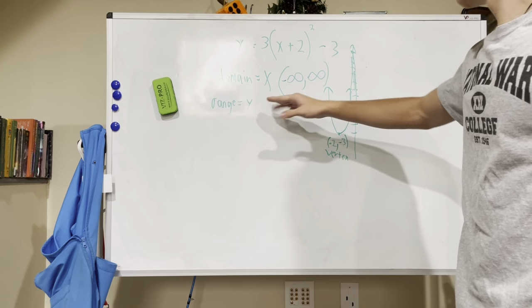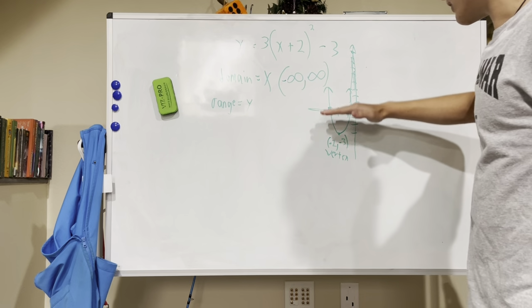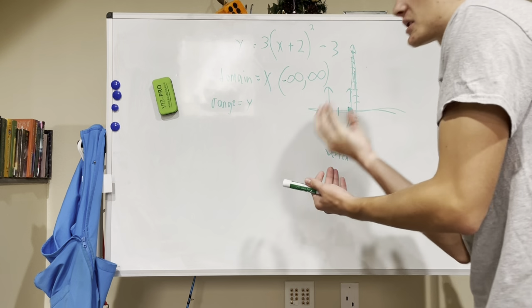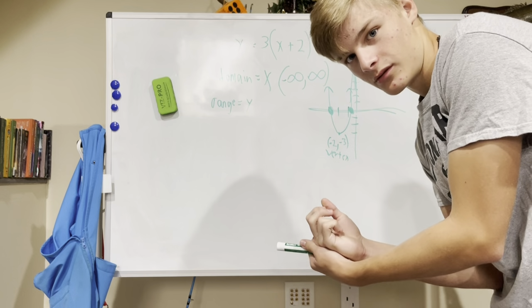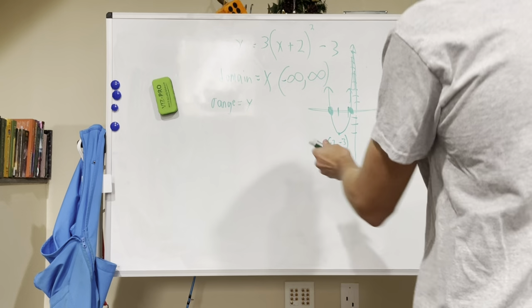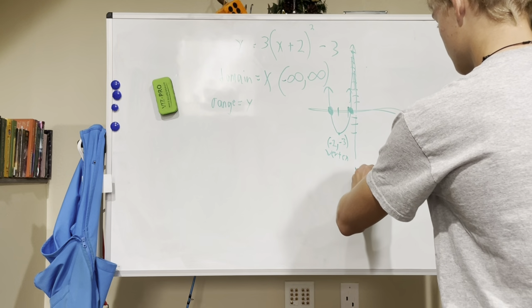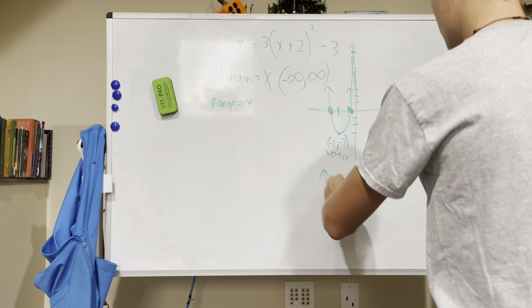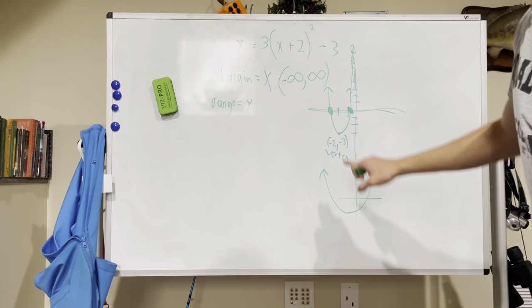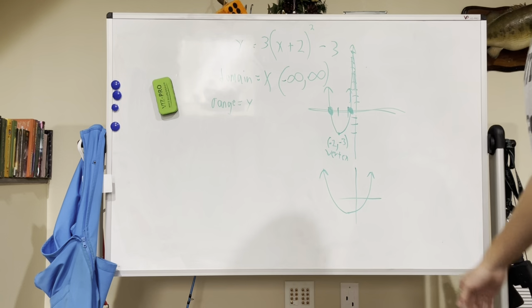In this equation, what is the smallest y number possible? Now, just to redraw this to make it look prettier, it basically just looks like this. That's just a basic approximation of that graph. It doesn't have to be specific.